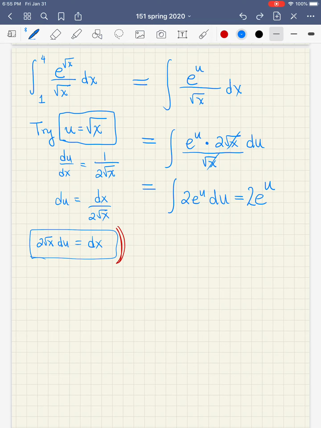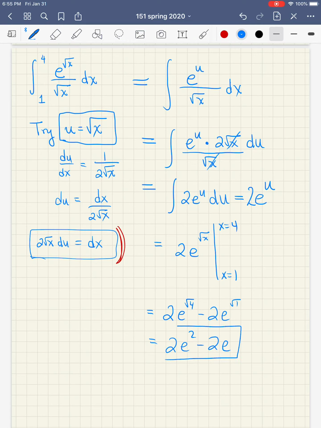I would go here, 2e to the square root of x, and then I would evaluate from x equals 1 to x equals 4. And if I do that, I get 2e to the square root of 4 minus 2e to the square root of 1, which is 2e squared minus 2e. And that will be my answer.